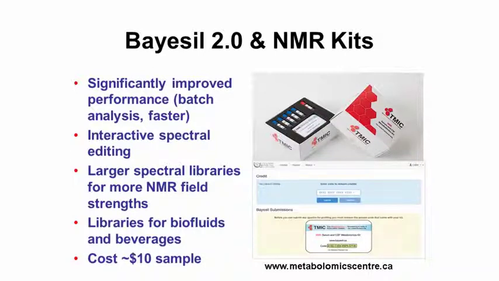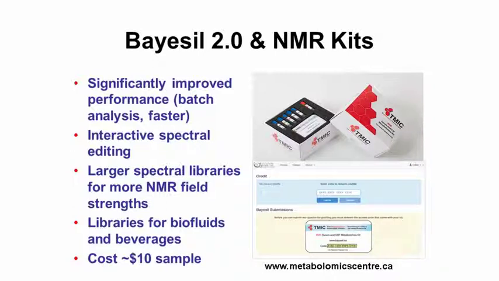So what we've done is we've improved Bayesil a fair bit. We've made the software handle batch analysis. So instead of one spectrum at a time, as the web server allows, this is something you can upload lots of spectra. We've put it on a faster cloud computer system, so it's about 2 or 3 times faster. And then because computers aren't perfect, and occasionally you'll see things that you don't quite agree with, we've put in an interactive editor, which is similar to what you'll see with Chenomx or AMIX.